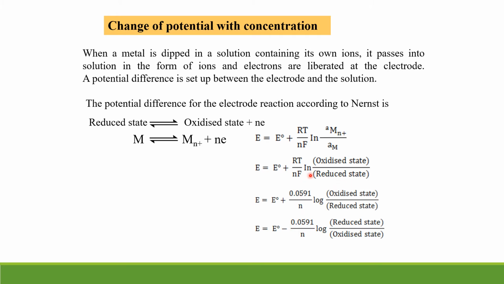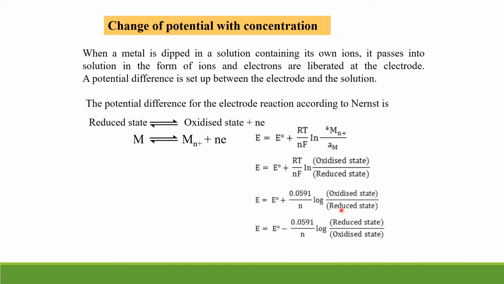Now if you change this log to the base e to log to the base 10, you have to multiply by the factor 2.303, and if you substitute the value of 2.303 RT divided by F, the factor comes to 0.0591, and n is the number of electrons which undergo the change here. So the formula becomes E equals E0 plus 0.0591 divided by n log of oxidized state divided by reduced state.